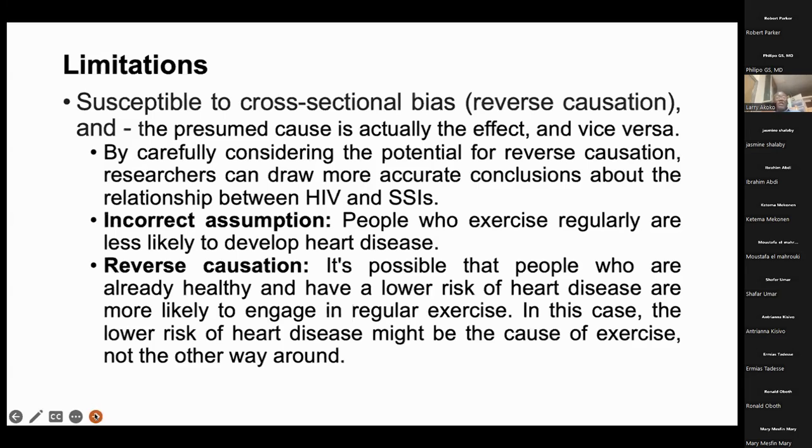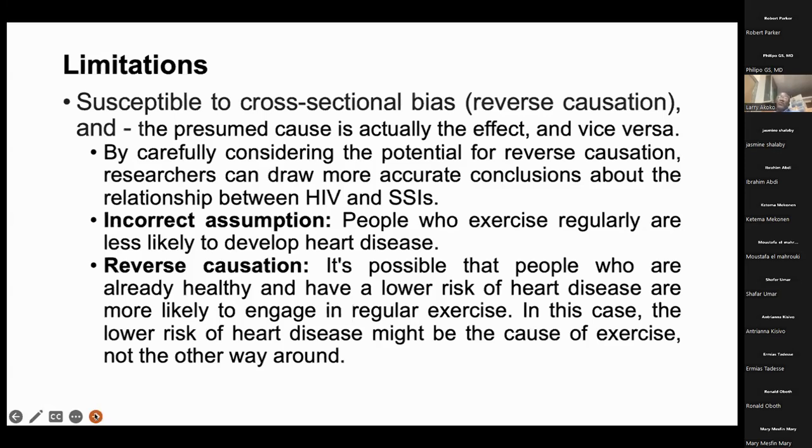Take an incorrect assumption: people who exercise regularly are less likely to develop heart disease. This is incorrect if you do a cross-sectional study, because people who exercise regularly might already be people who are healthy. Because if you already have heart disease, how can you exercise?